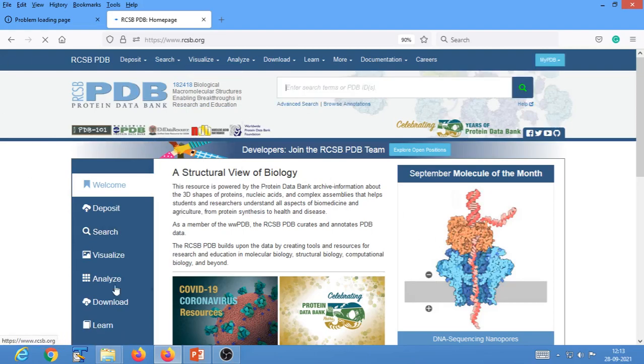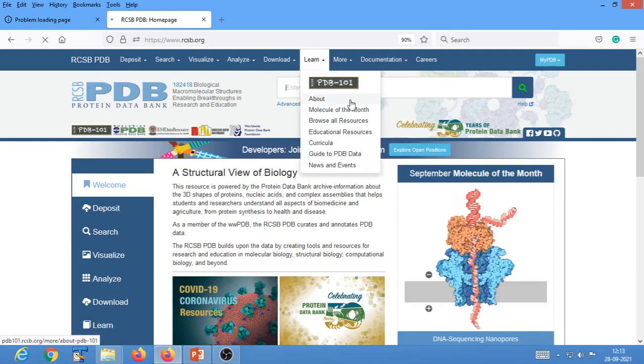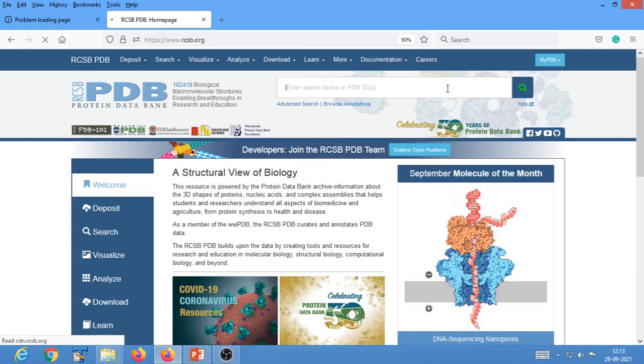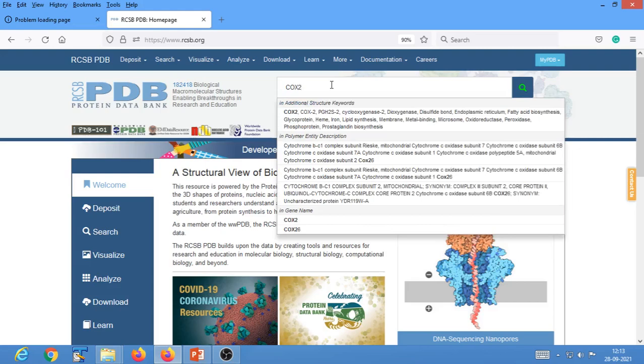Okay, so this is the interface of PDB. This is the place from where you can obtain the structural model, or the place where crystallographers would submit their structural data. Now let us search for COX2.